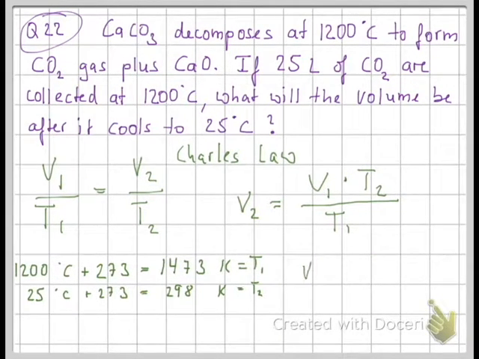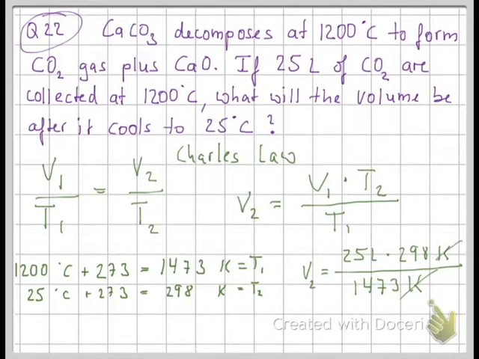All right, so now V2 equals V1, what was it, 25 liters? 25 liters times T2, which was 298 Kelvin, divided by T1, 1,473 kelvins.